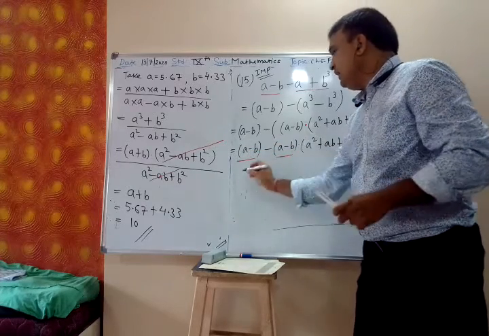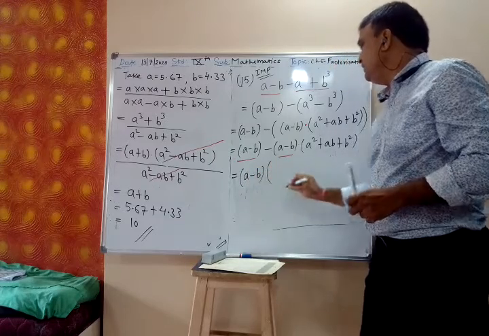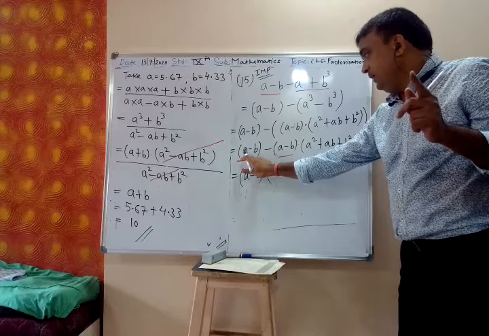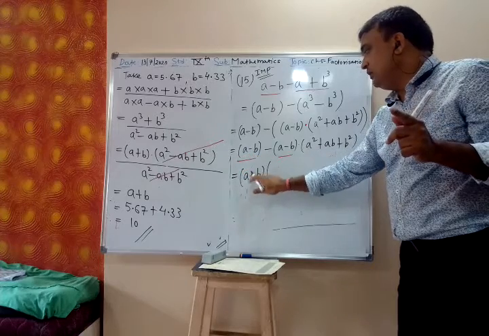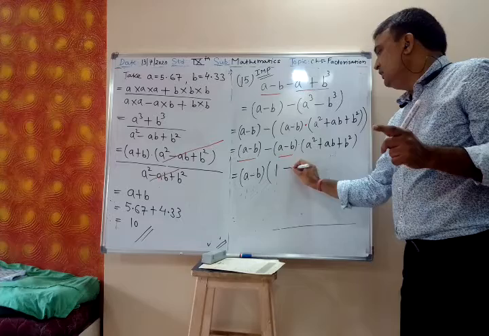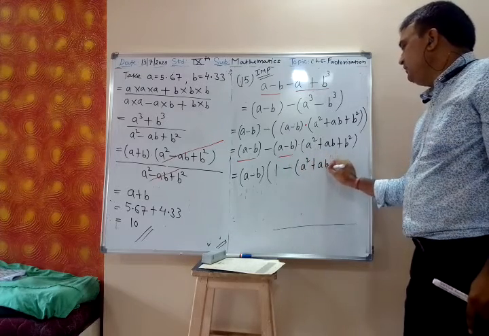So when I take A minus B common, what is left in the first term? In place of A minus B, I have taken common, so it will be 1. 1, then minus, this is left: 1 minus bracket A square plus AB plus B square.